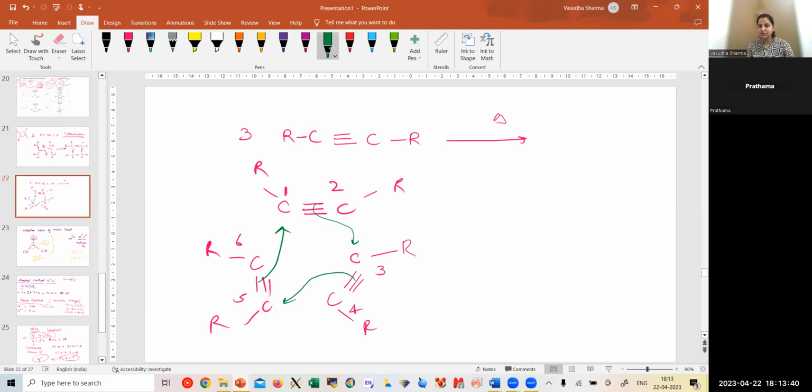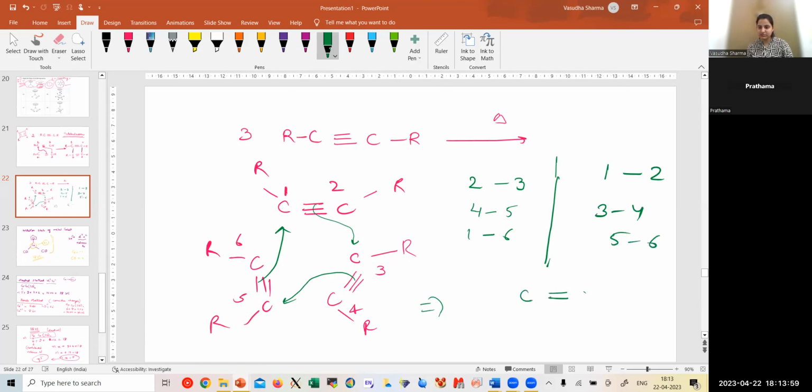So the new bonds would be formed between 2 and 3, 4 and 5, 1 and 6. And 1 bond is going to be gone from 1 and 2, 3 and 4, 5 and 6. So ultimately what will it form?